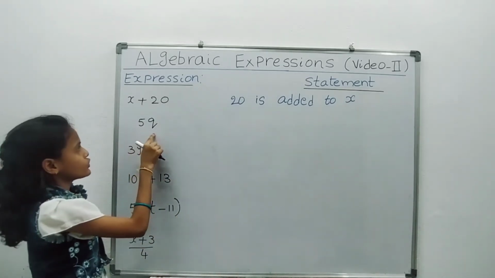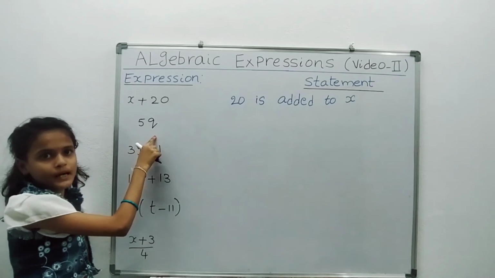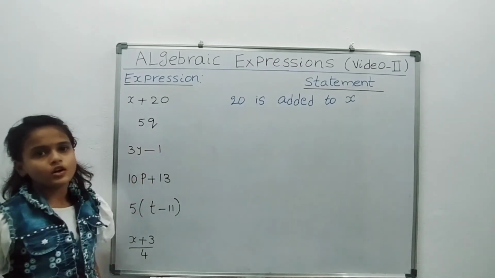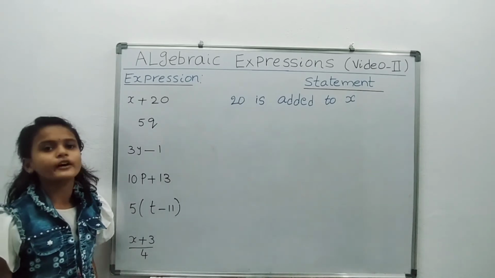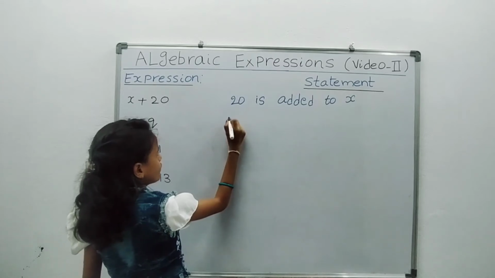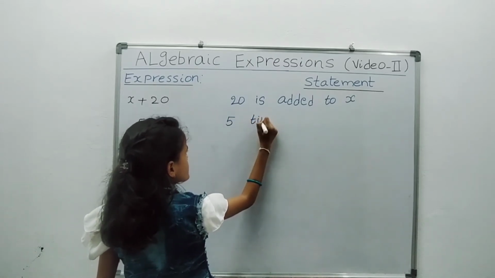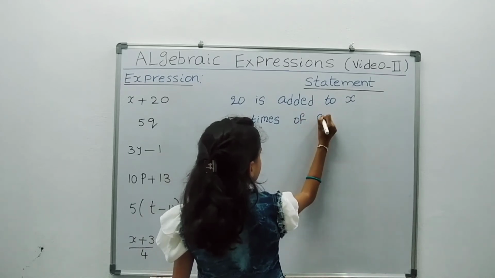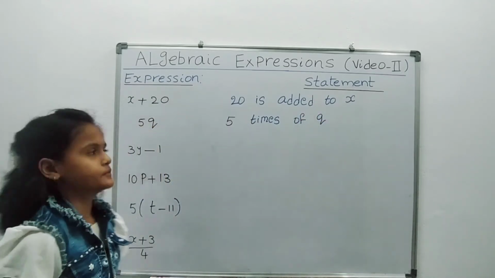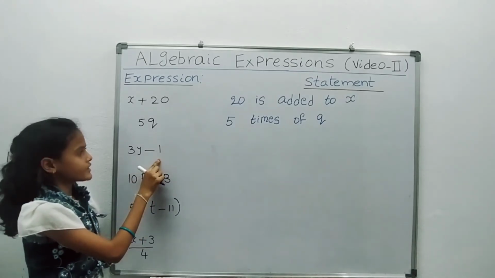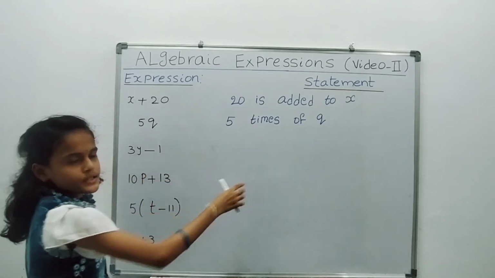Next, 5q. 5 is multiplied by q, or q is multiplied by 5, or 5 times of q. Now I will write 5 times of q. How can we write 3y minus 1 in statements?